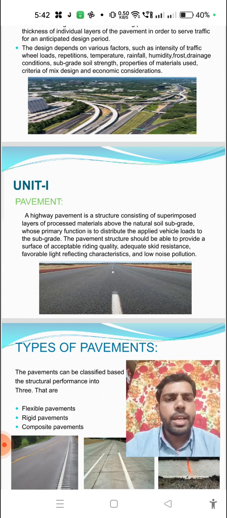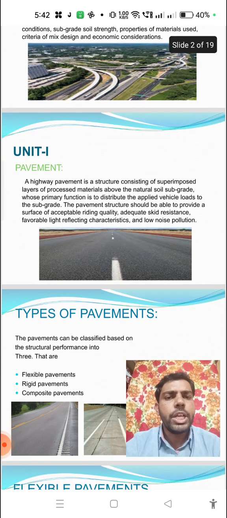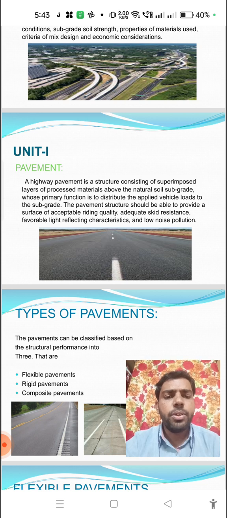The pavement structure should be able to provide the anticipated riding quality and skid resistance on the surface. Favorable light reflecting characteristics are also considered in the pavement.